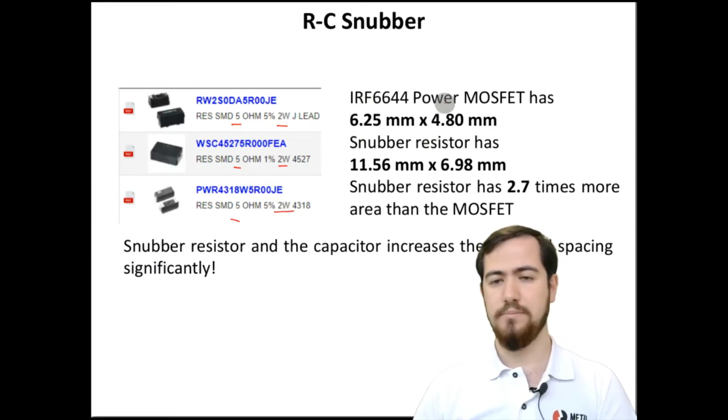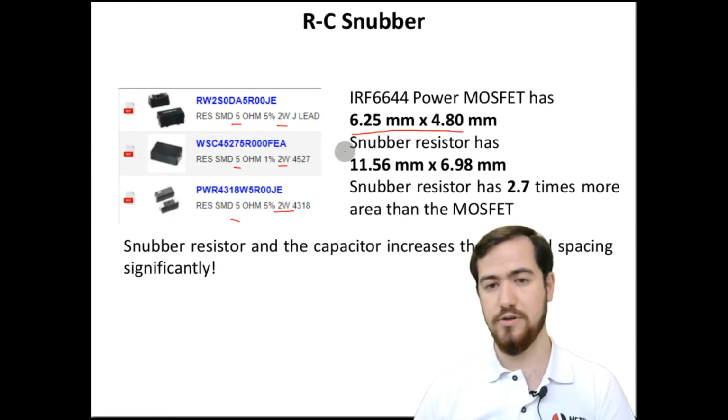The power MOSFET that we are using in this circuit has these dimensions. However, the snubber resistor, which has these ratings, has dimensions which are larger than our MOSFET.